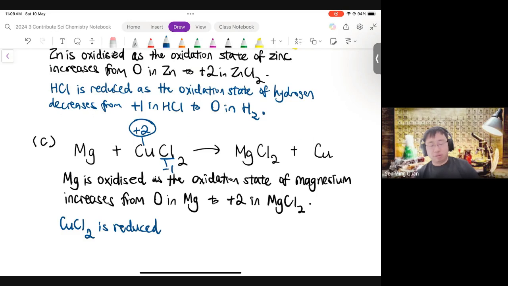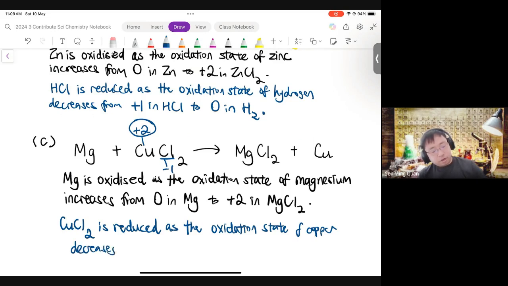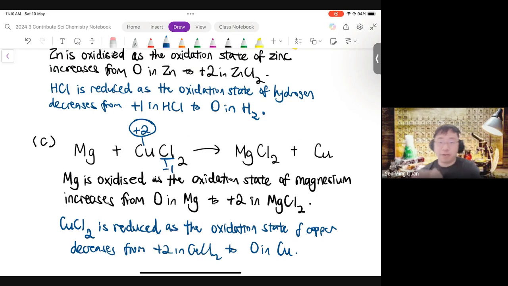So CuCl2 is reduced as the oxidation state of copper decreases from +2 in CuCl2 to 0 in Cu itself. Okay, so the answer should resemble this.